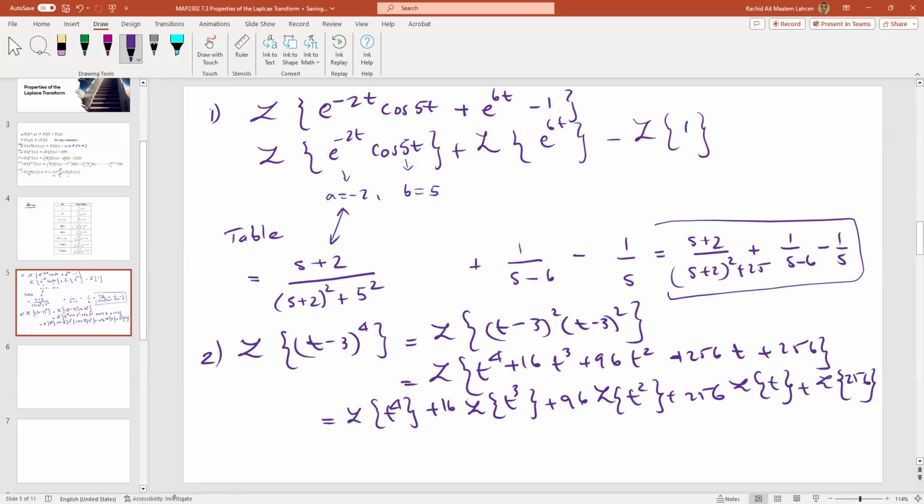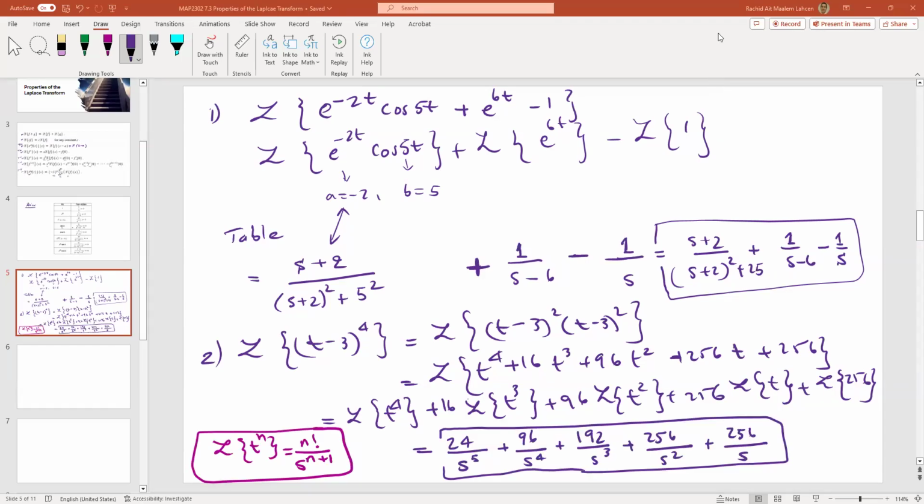Since we have powers, when you look at the table, Laplace transform for this power function here is n factorial divided by s to the power n plus 1. So now for 4 factorial, 3 factorial times 16, 2 factorial times 96, right?